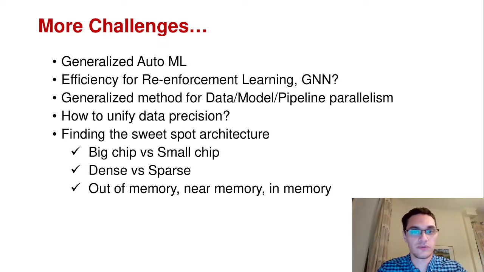What is a good computer architecture for reinforcement learning or graph neural networks? And how to design a software stack which is able to distribute the computation in a data parallel, model parallel or pipeline parallel manner?